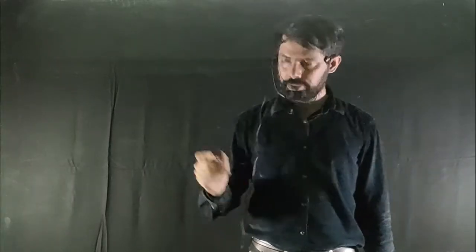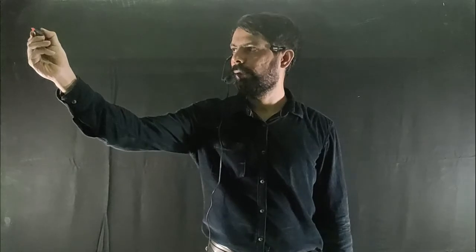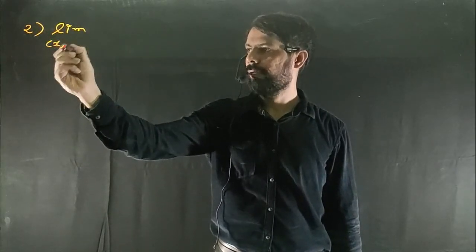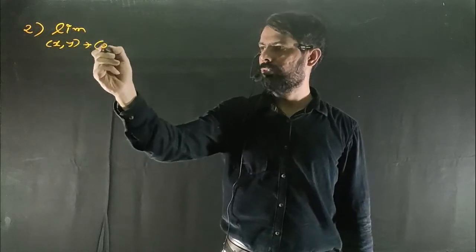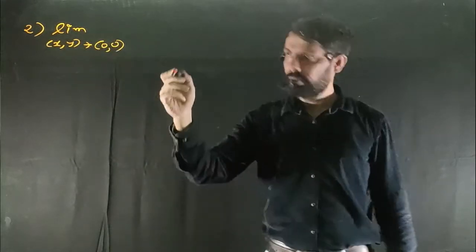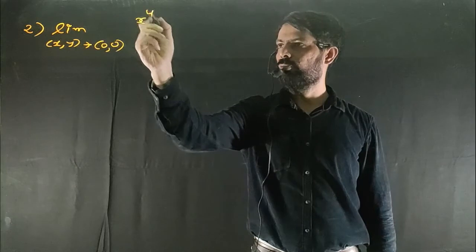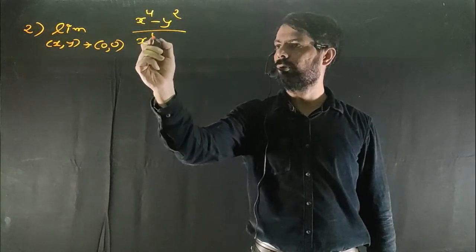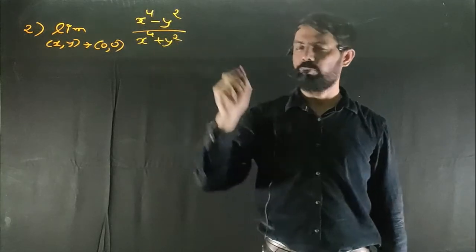Now we will discuss the second example related to limit, that is limit (x, y) tends to (0, 0) of the function x raised to 4 minus y square divided by x raised to 4 plus y square.